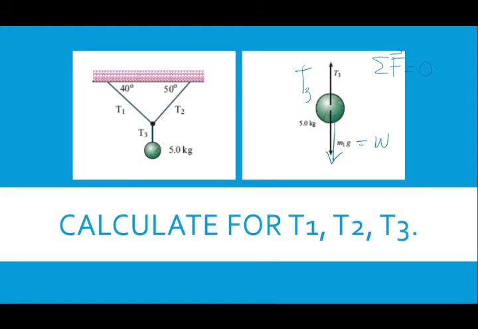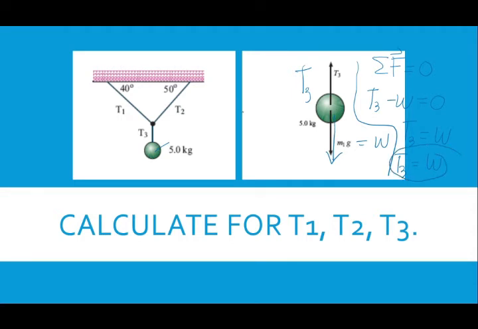Sabi ko, lahat ng pataas ay positive at lahat ng pababa ay negative. So, we have T3 minus W is equal to 0. Okay? So, since T3, equate natin yan is equal to W, hence, the tension number 3 is equal to the weight.